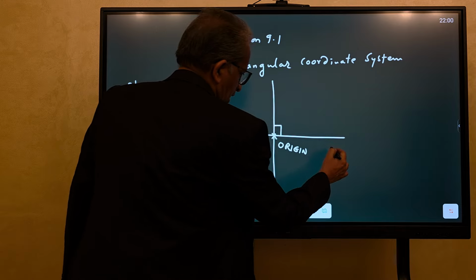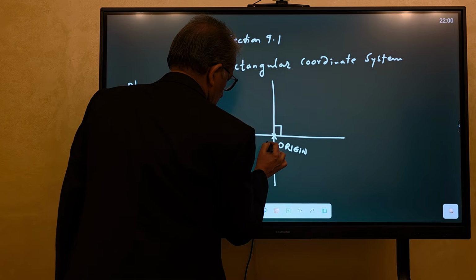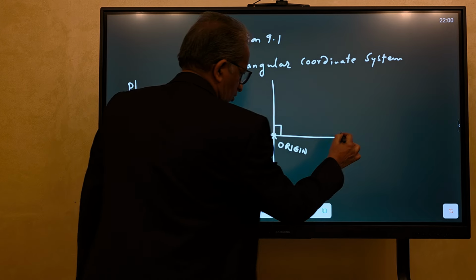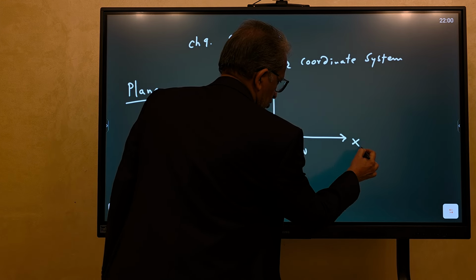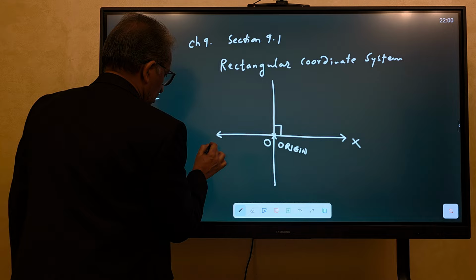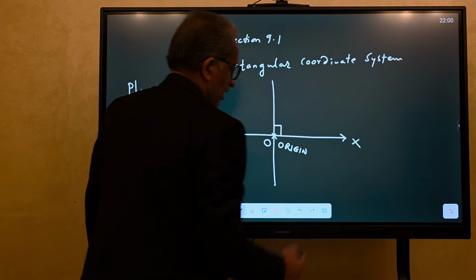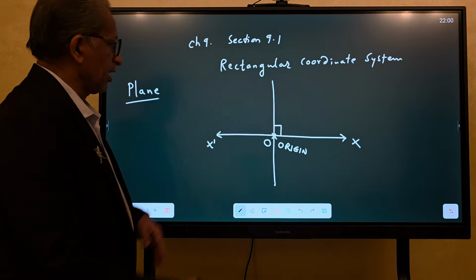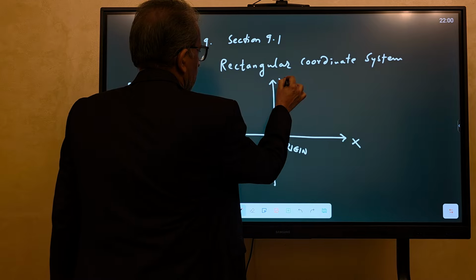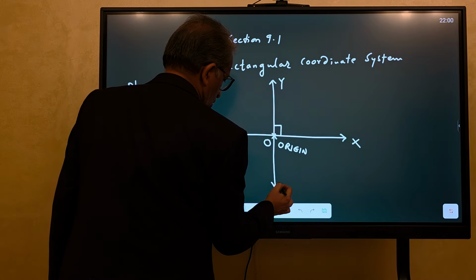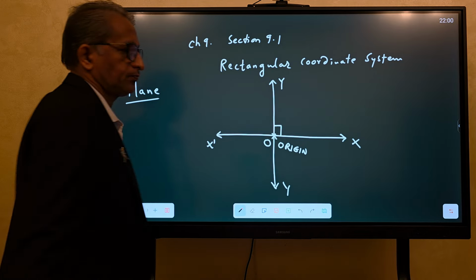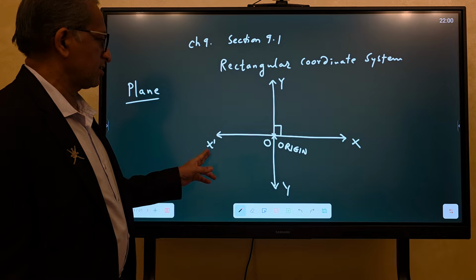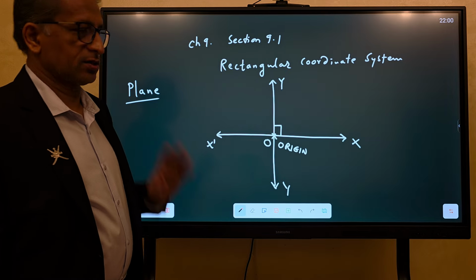This origin is denoted by the letter O, and the horizontal line is denoted by X, O, X dash. The vertical line is denoted by Y, O, Y dash.